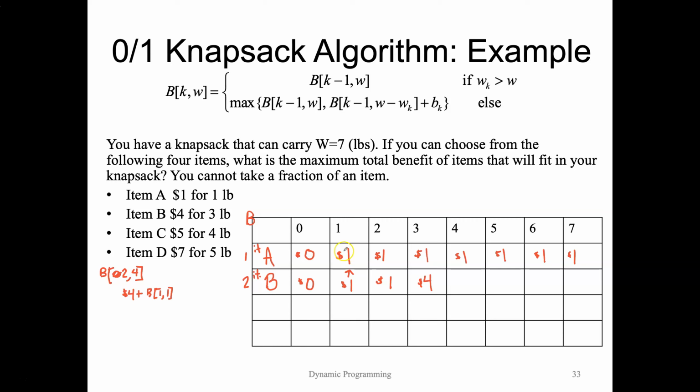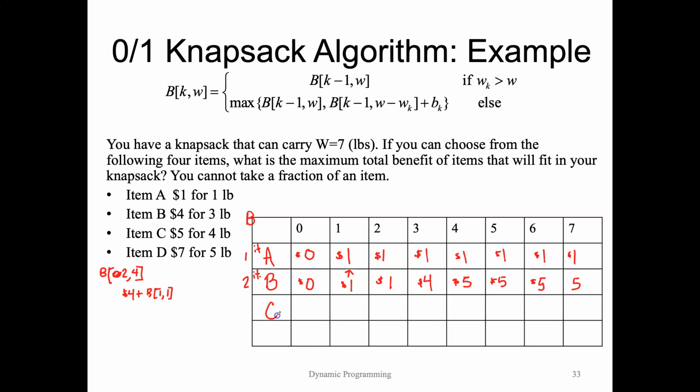This is what we solved here already. That means we can get $4 from taking item B, and then another $1 from taking item A as well, because we can carry both of them at this point. So we would get $5. And even as we increase the capacity of our backpack, the most we can make is $5. So we can recheck for each of these cells, but I'm just going to fill in knowing already that we won't be able to make more than $5.